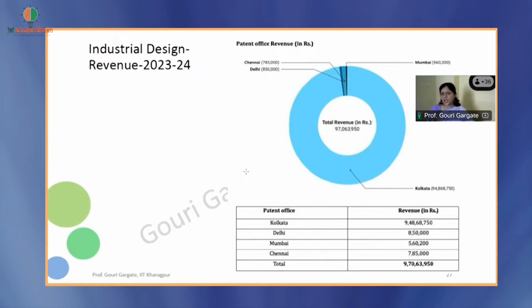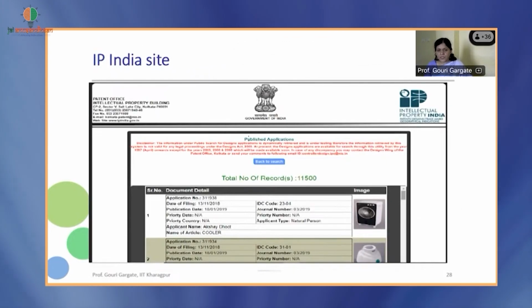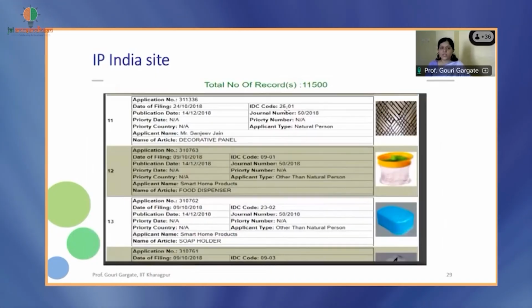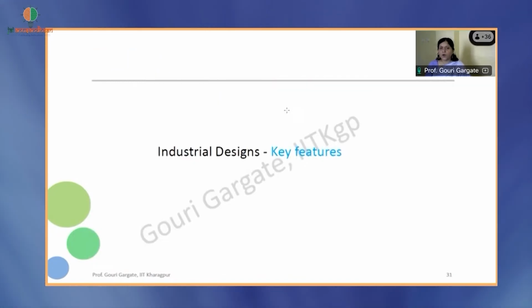The examination happens in the Kolkata office, and we can see that revenue of almost 9 crore plus is generated only from industrial designs. This is the site where, if you want to go through the records of registered designs, you can go through the IP India website and look into the various designs registered there.